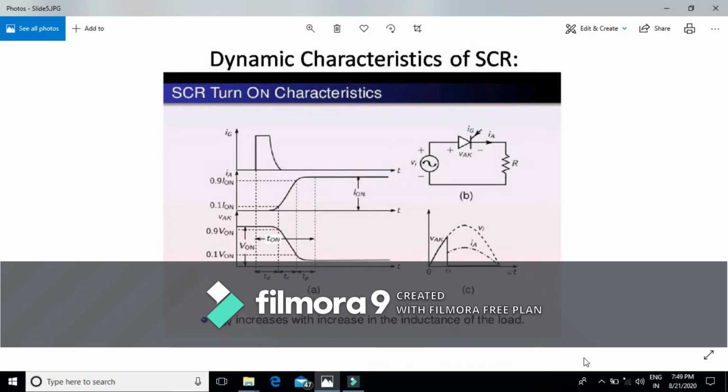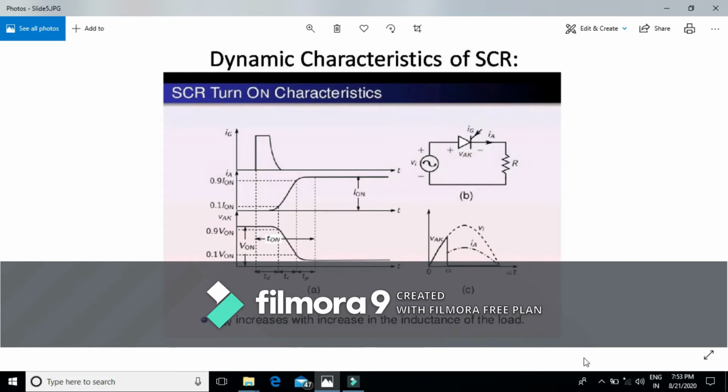As the VI characteristics do not give us any information related to the switching speed of SCR from off state to on state and vice versa, this can be determined by the dynamic characteristics of SCR.